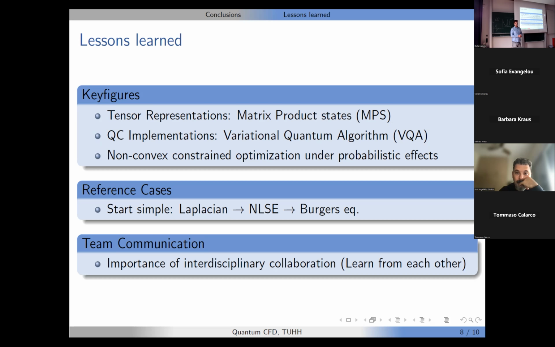What's really important from our point of view is to really know the matrix product states, which is a good language, we suspect, to transfer a little between the CFD world and the quantum computing world. Then, the quantum computing implementations regarding the variational quantum algorithm are not as straightforward as is visible at first glimpse.